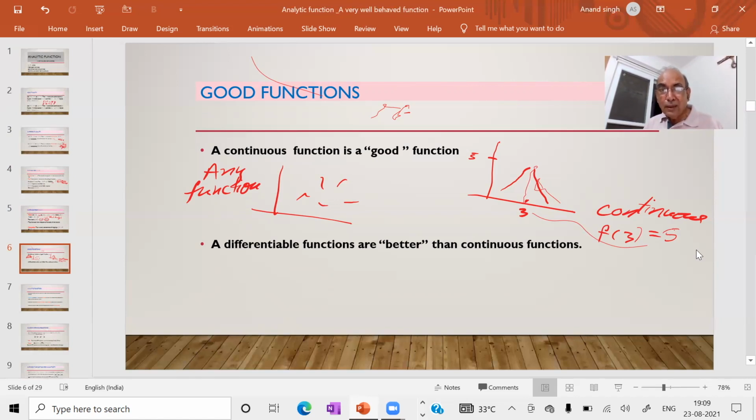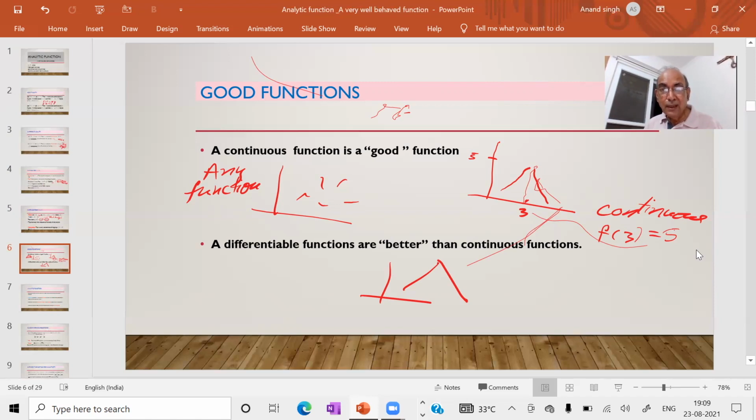But I would call a differentiable function a little better function than the continuous one, because you know very well that if you have a graph like this with a spike at this point, this function is continuous but not differentiable at this particular point.